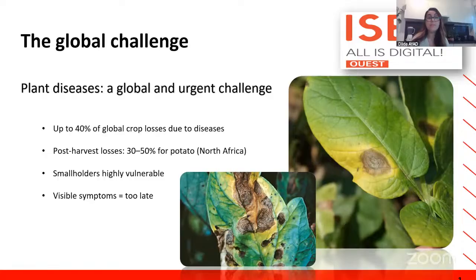In Nigeria, as in many parts of North Africa, post-harvest losses in potato can easily reach 30 to 50%. For small farmers and cooperatives, an outbreak of early blight or late blight can wipe out an entire growing season. And once symptoms become visible, it's often too late to optimally limit the damage. So the real challenge today is the anticipation.